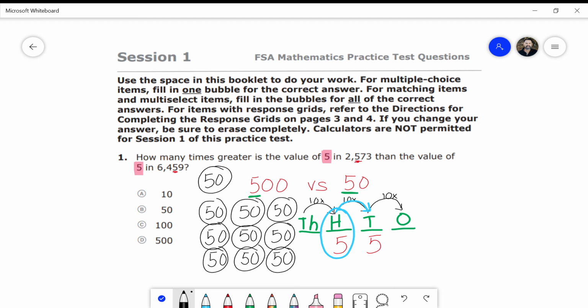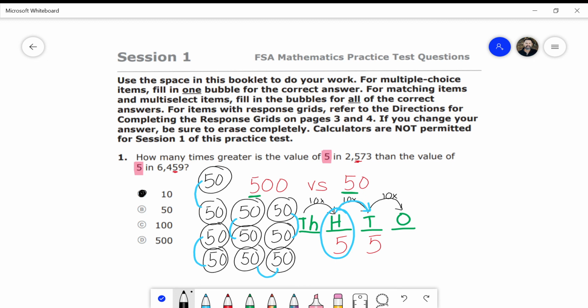That's 10. If I count by 50 10 times, that'll get me to 500, right? So if I put these two, that's 100, 200, 300, 400, and then these two 50s are 500, right? And so we know that the 5 in 2,573 is 10 times greater than the 5 in 6,459, right?